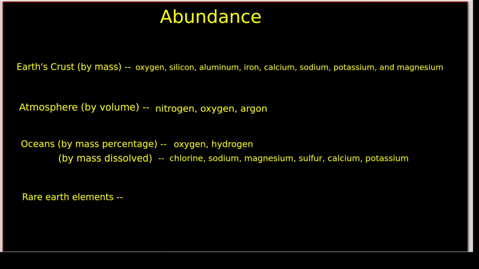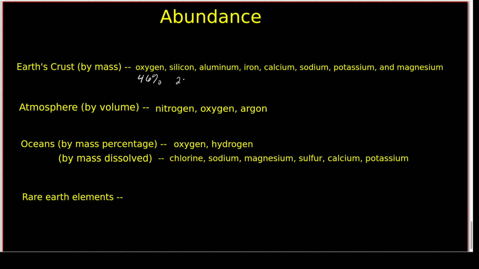Okay, something interesting will be the abundance of elements. For example, in the Earth's crust, the 8 most common elements are listed as oxygen, silicon, aluminum, iron, calcium, sodium, potassium, and magnesium, where oxygen occupies about 46%, give or take.